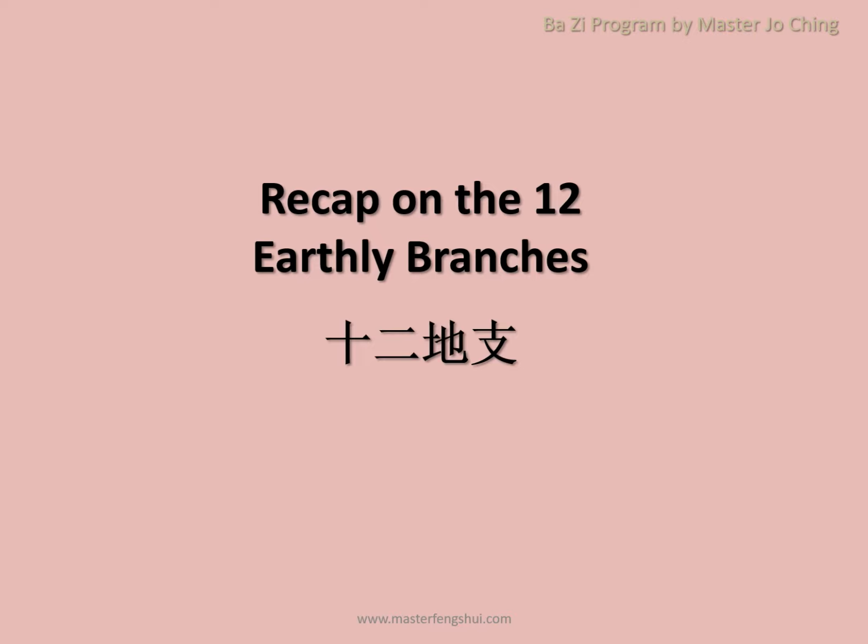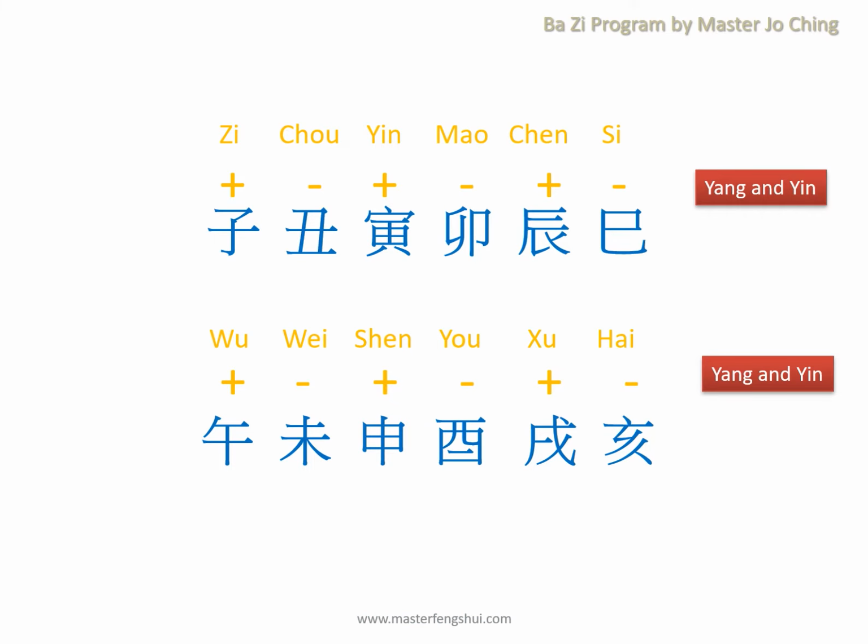Allow me to recap on the 12 earthly branches. Let me just say them out again. This is 子、丑、寅、卯、辰、巳、午、未、申、酉、戌、亥. And the plus and the minus sign here represent the yang and the yin, which is the polarity that is assigned to each individual earthly branch.